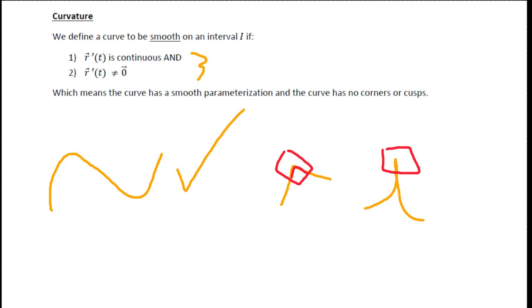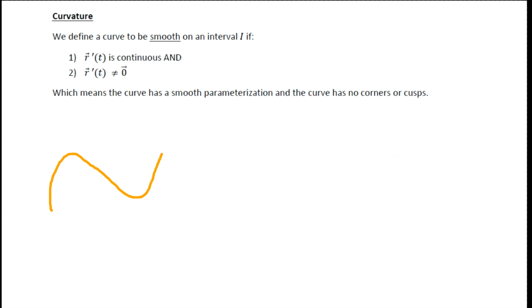So the whole concept of local linearity is kind of lost there. And so it's not going to make sense to talk about curvature under those conditions. So we do need our curve to be smooth. We are going to see that come up elsewhere as well, that we need smooth curves to do the math. But that's how we would verify it.